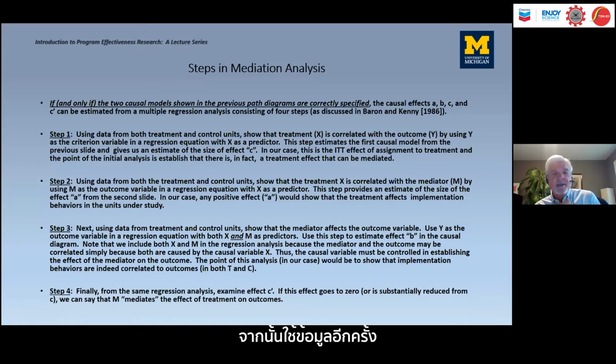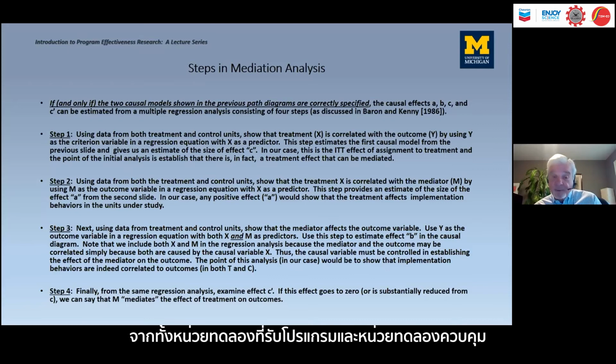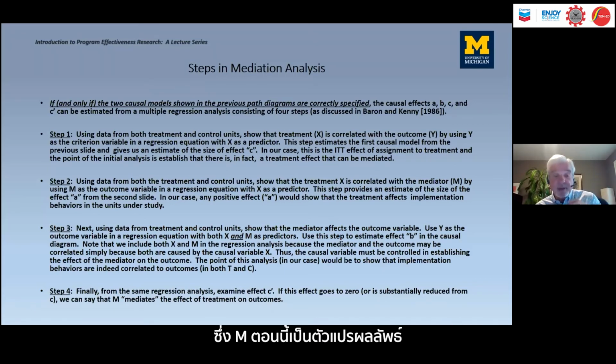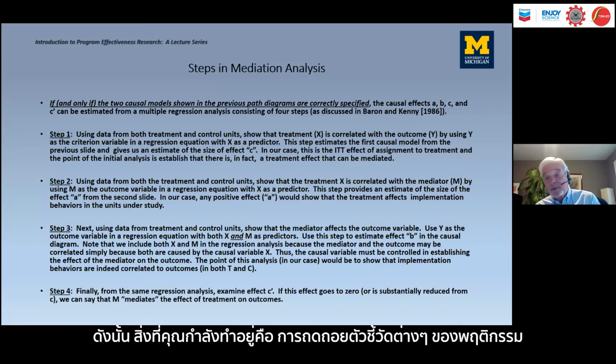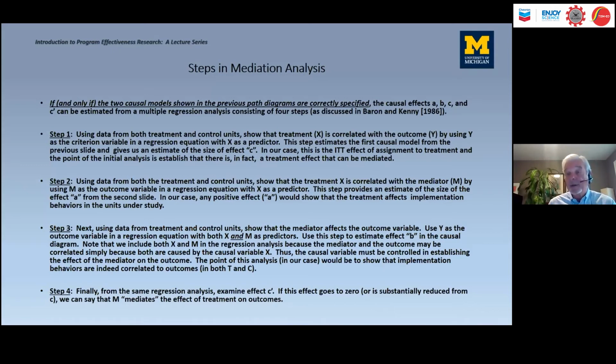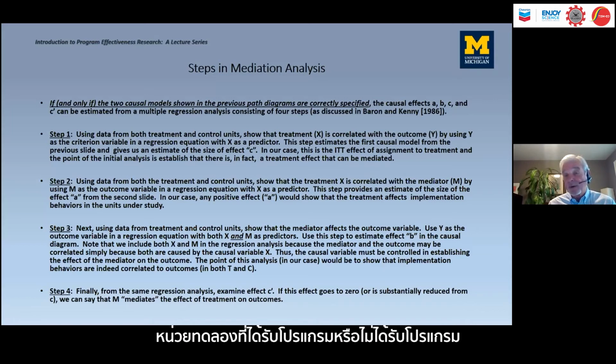Then, using data again from both treatment and control units, you show that the treatment indicator X is correlated with the mediator, where M is now the outcome variable and X is the predictor. So here you're regressing indicators of implementation behaviors and processes in the treatment and the control group on whether or not a unit was exposed to treatment.